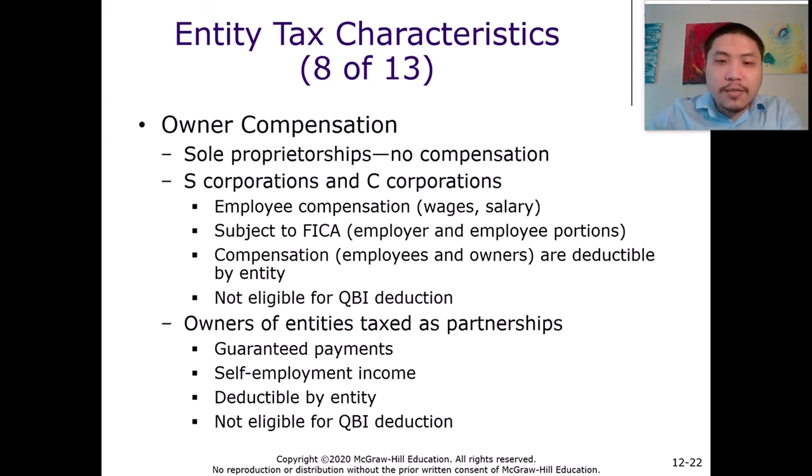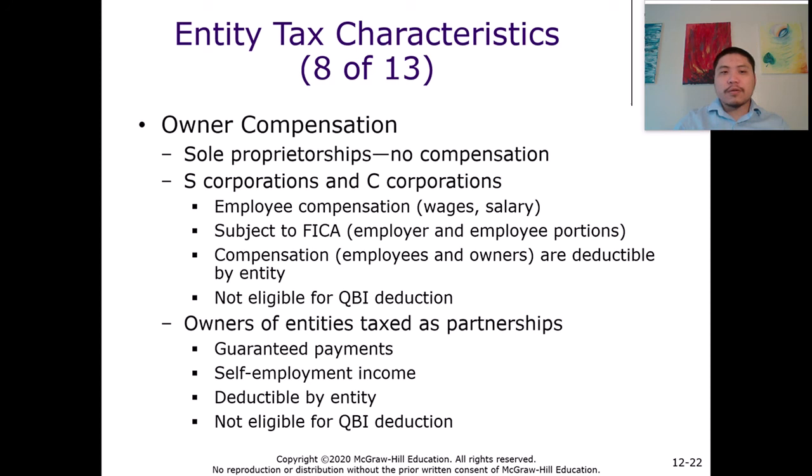And I want to clarify this here. In here they say that they're subject to FICA employee portions. But what I meant here is that the corporation itself is responsible for paying the employer portion.